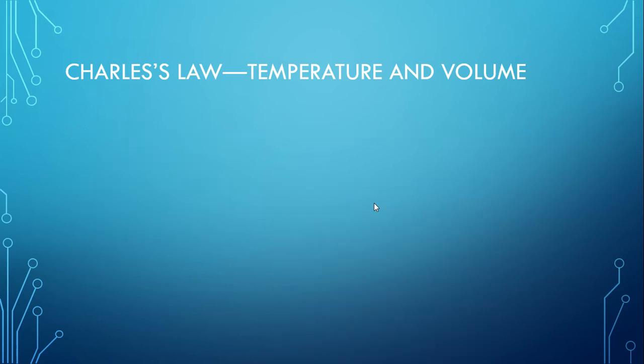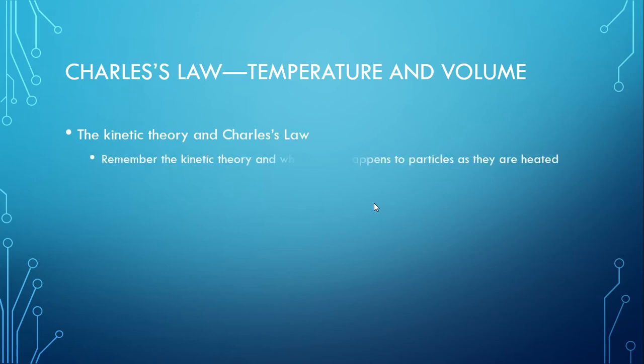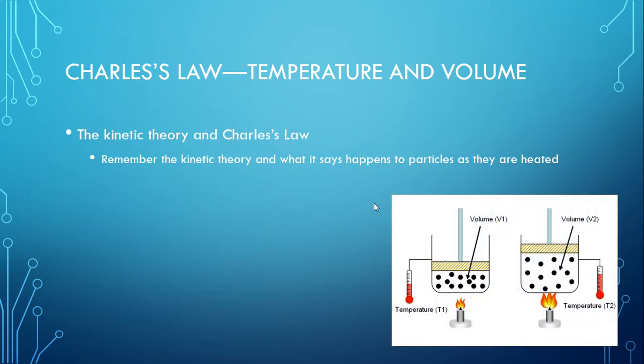Again, we can do some calculations with Charles' law because he went ahead and put it into math. And so kinetic theory has to do with this as well, because we were talking about temperature and we talked about how the particles get faster, move farther apart. So you can see that in my illustration.